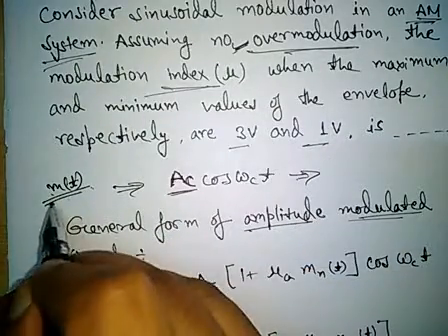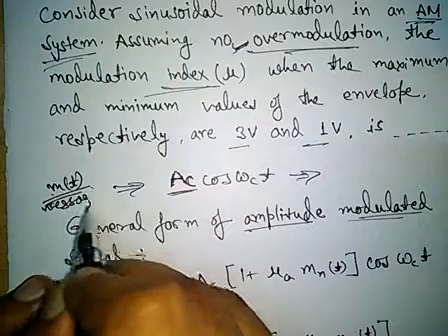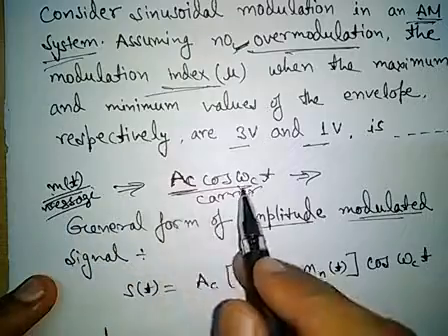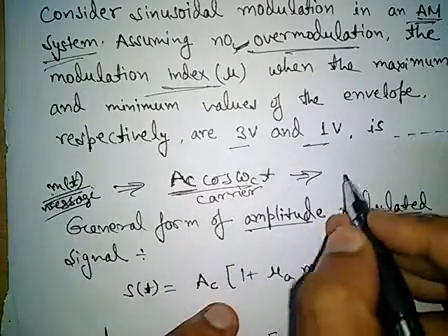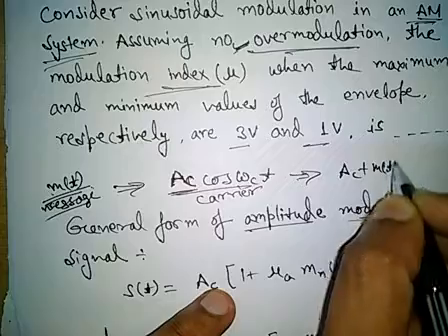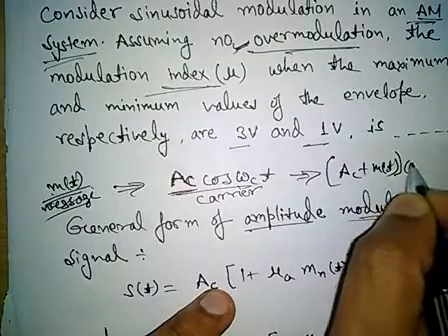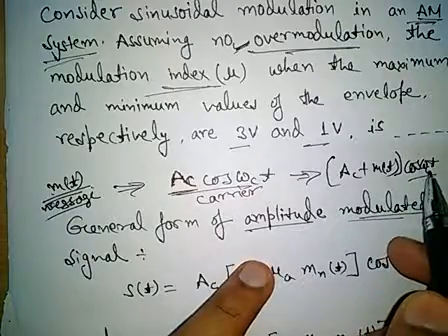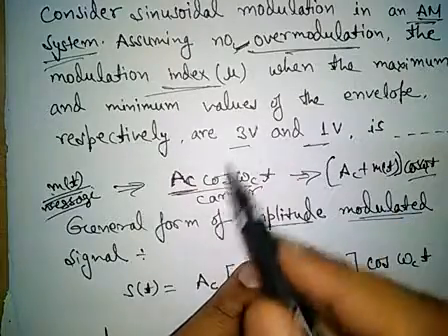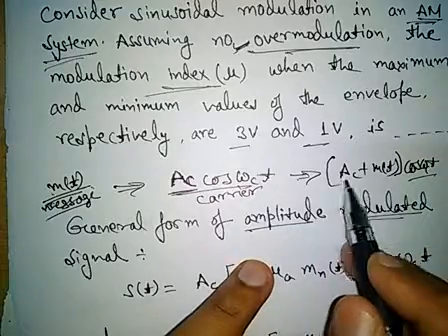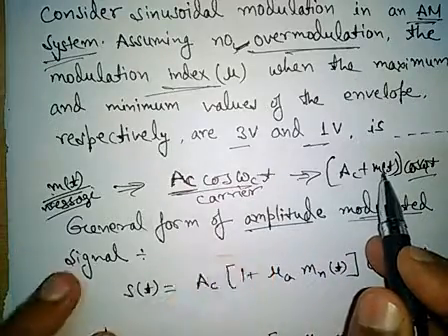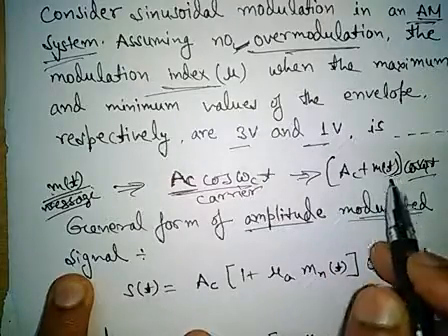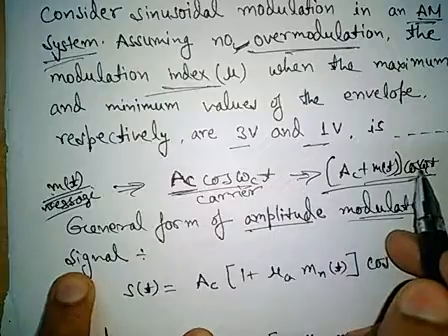This is the message, this is the carrier, and when the message is applied on the carrier, the signal becomes (Ac + m(t)) cos omega ct. There is no effect on the frequency; the term cos omega ct is the same, only the magnitude of the signal is affected. So it is called an amplitude modulated system.